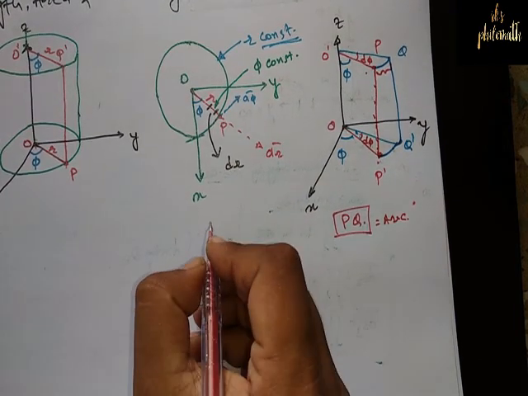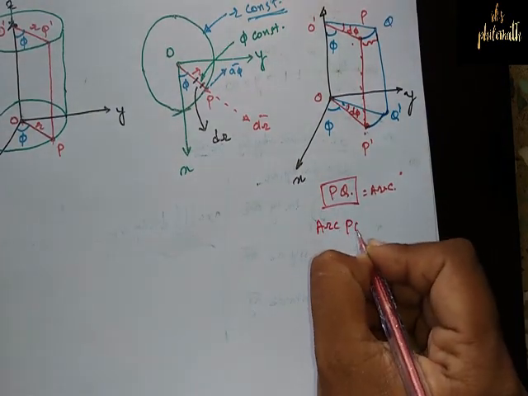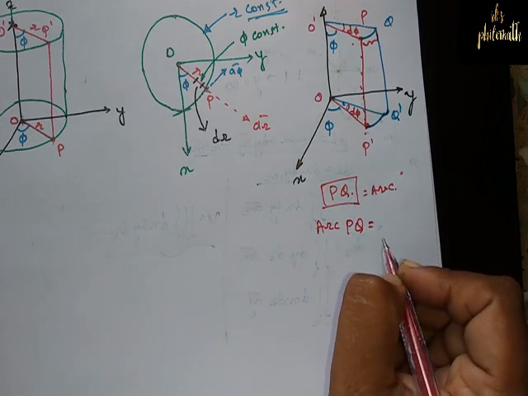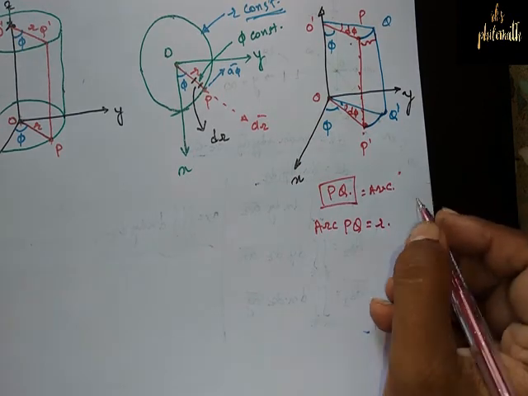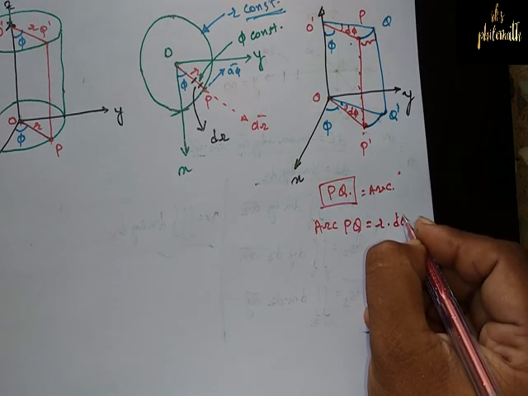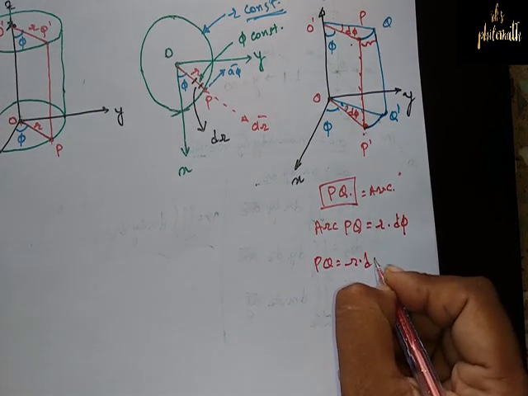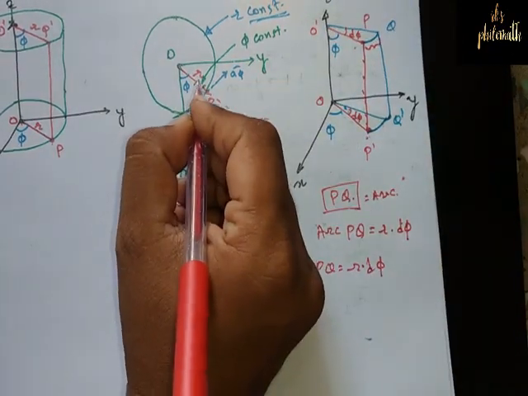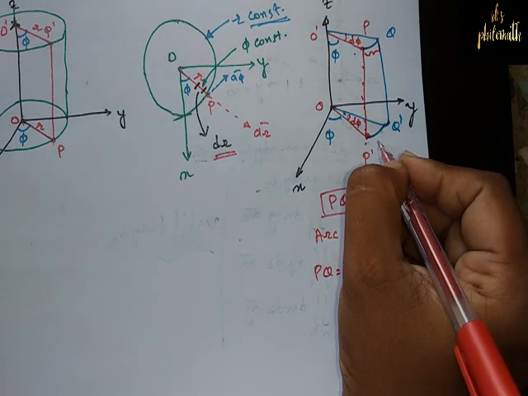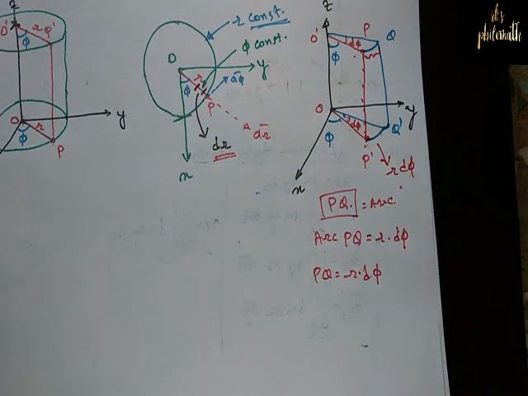So arc PQ is equal to radius R into angle d phi. So PQ is equal to R d phi. We got the first differential length dr. We got the second differential length r d phi, and now the third differential length in cylindrical coordinate system.